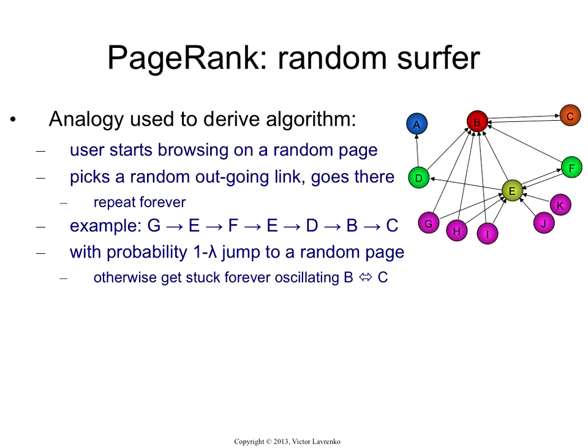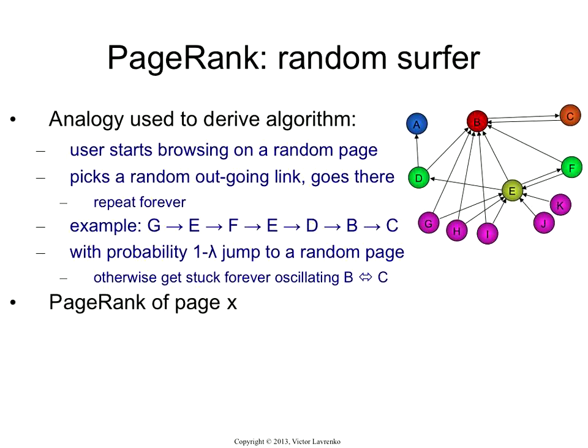And you don't want that. You want a visiting strategy that hits every node with a certain probability, right? So that's really the idea. And the way you model that is you say, you flip a lambda coin, and if the coin comes up tails, you're going to take a random hop to any node in the graph. So maybe from B, I'm going to hop to A, and then from A, I'm going to randomly hop to I.